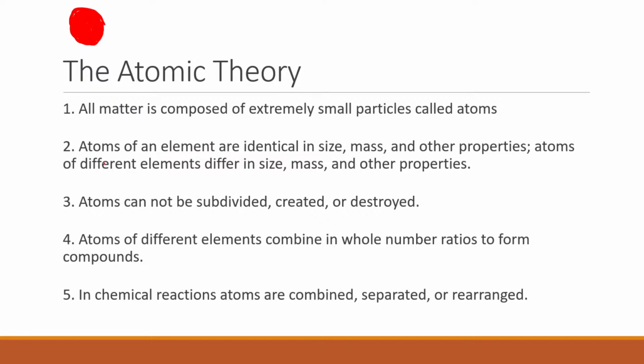All matter is composed of atoms. Atoms of the same element are the same. Atoms of different elements are different. So if I have two gold atoms, they should be the same. And if I have a gold and try to compare that to an oxygen, it should be different.